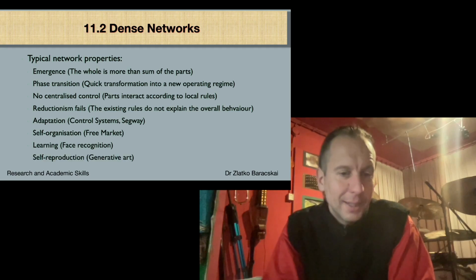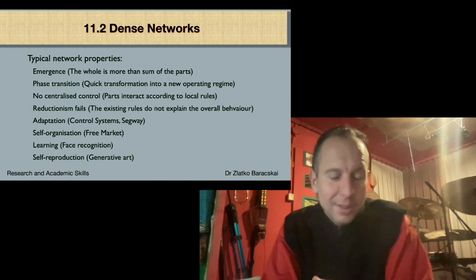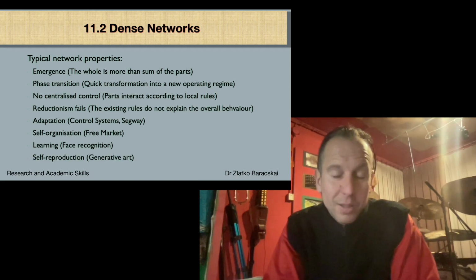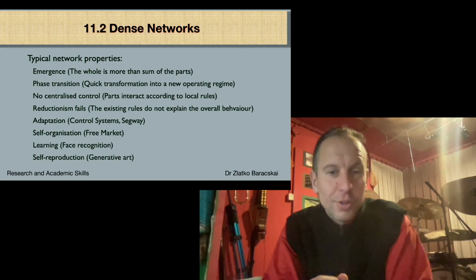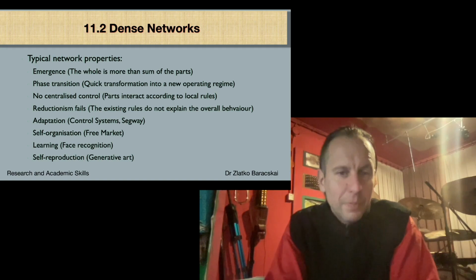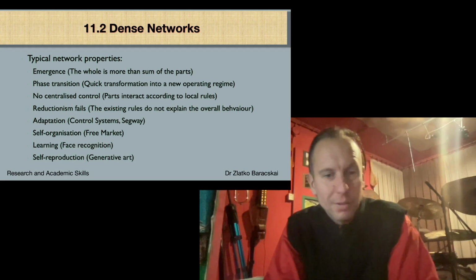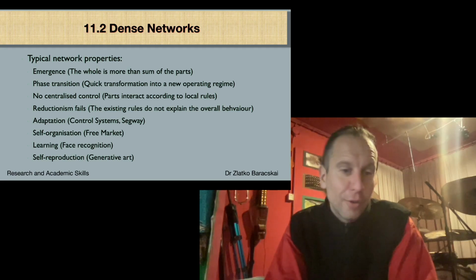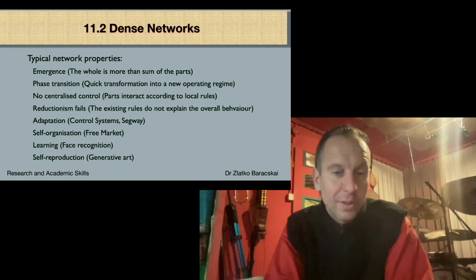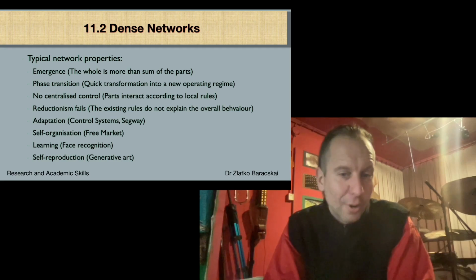Okay, and then at the top of this scale, what we find is self-reproduction, which is far out, as they say. The fact that a complex system might have a way of producing another version of itself, another little complex system.